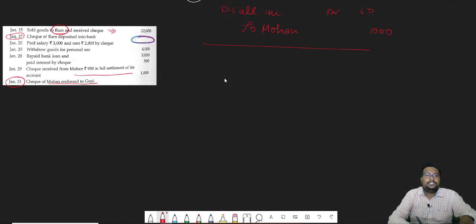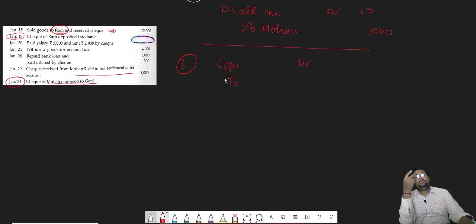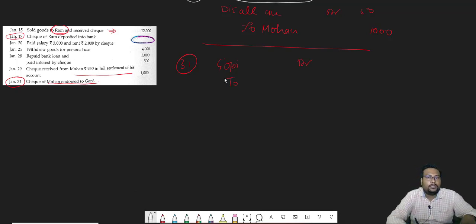Okay. Now the last transaction: check of Mohan endorsed to Gopi. Who is receiving the check? Gopi, so Gopi the receiver. January 31, Gopi debit. We endorse the check to Gopi, so Gopi is receiving, so Gopi debit. And from where? From our business. What thing is going out, beta?